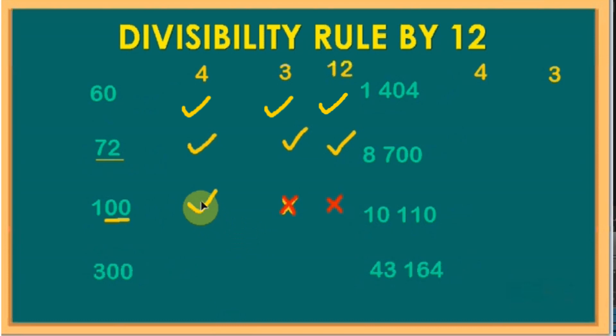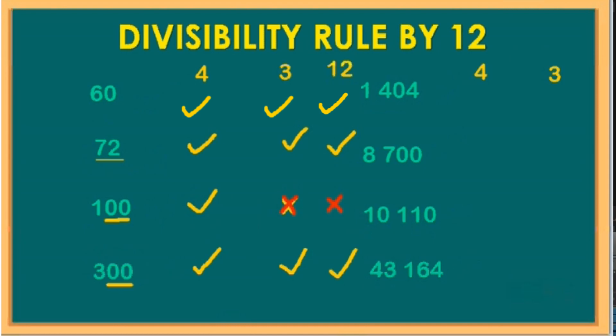Both tests should be passed for a number to be divisible by 12. 300, 2 zeros. So it is divisible by 4. 3 plus 0 is 3. Therefore, 300 is divisible by 3. Therefore, 300 is divisible by 12.